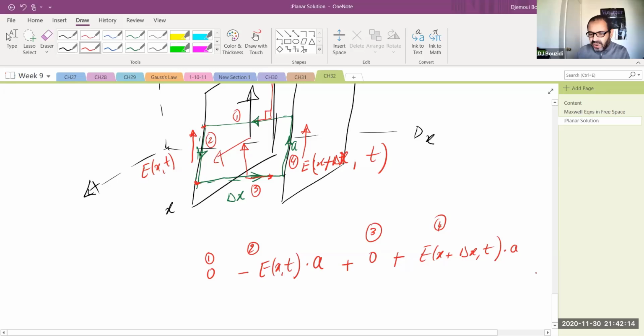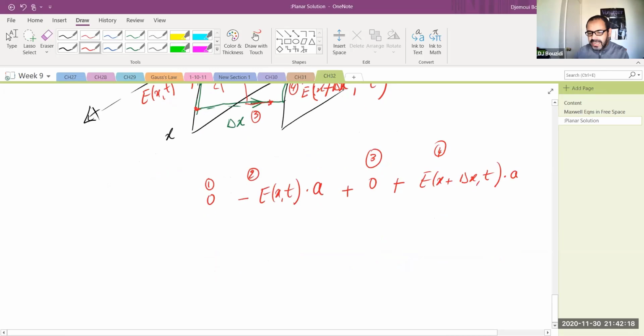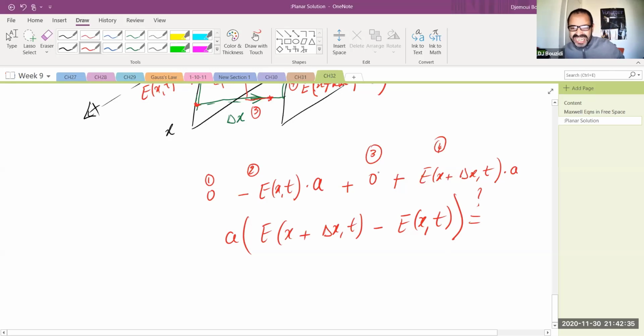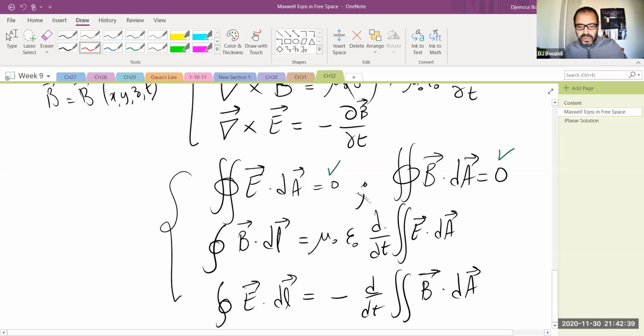So on the left-hand side, we have this expression, which basically says a times E evaluated at these two points, minus E evaluated at this point, must be equal to something. So what I did from this equation is just look at this part. We need to deal with the second part now.